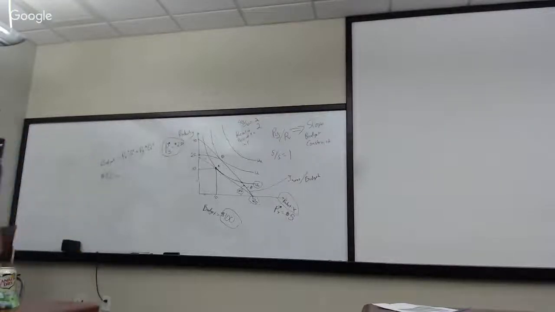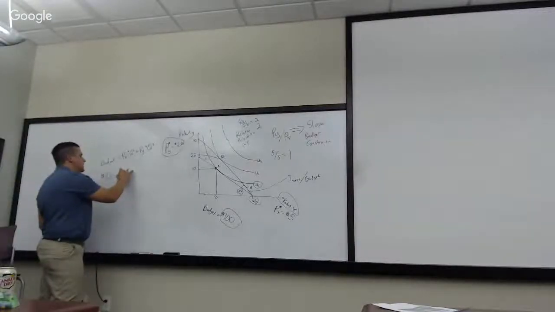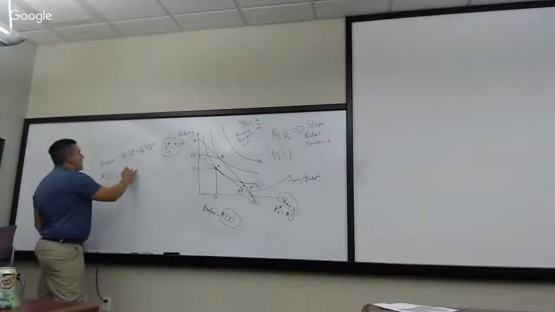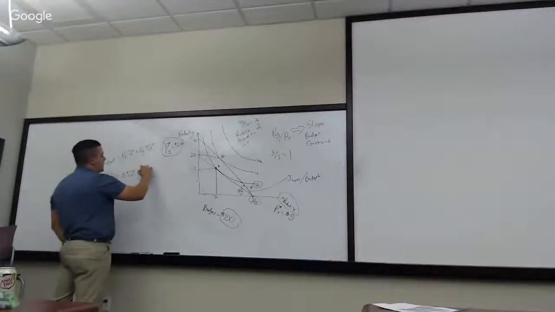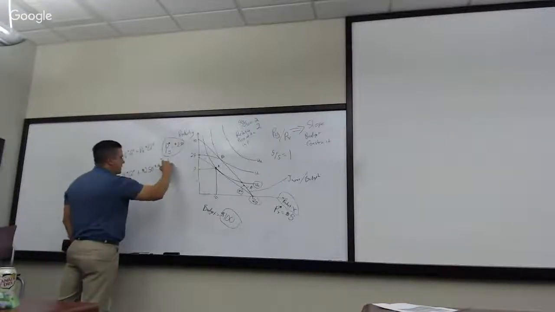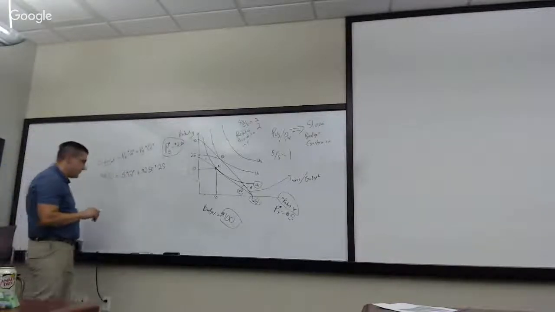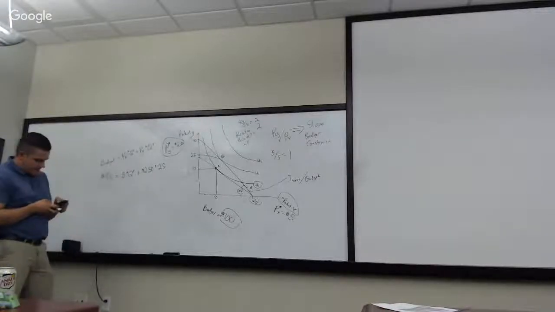We did not change the price of X, so it's still going to be 5. We're trying to figure out what our quantity of X is, so we'll leave that there. Plus, the new price of Y is $2.50, and the new quantity of Y is 25 units. So 25 times 2.50.